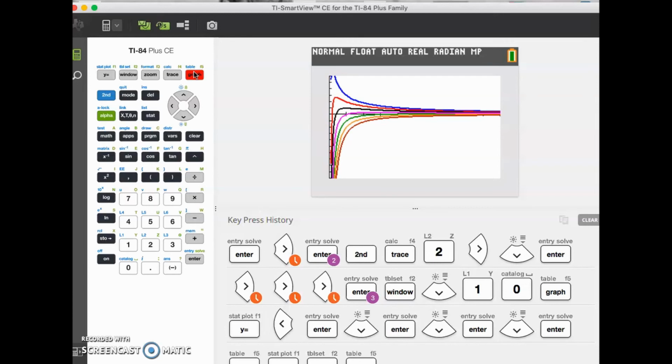And then one other thing that I wanted to point out here is that our c value has an effect on the x-intercept of the function. So when we think about what all of our functions look like, let me switch colors here.